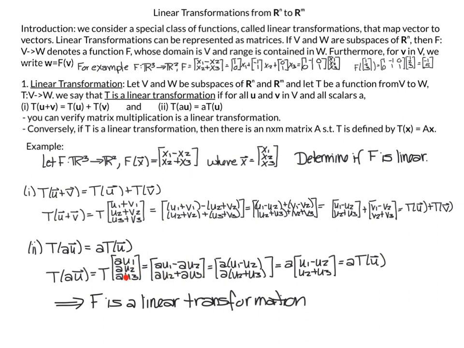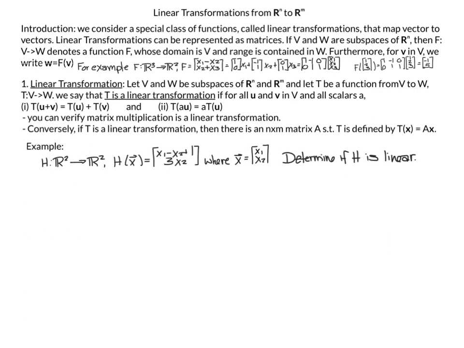That's Au2 plus Au3. And now, just because these are all real numbers, I can factor out my A, and then I can pull it out because this is just scalar multiplication of vectors, and this is just equal to A times T of u, since this is exactly T of u. So since both of these conditions hold, T is a linear transformation.